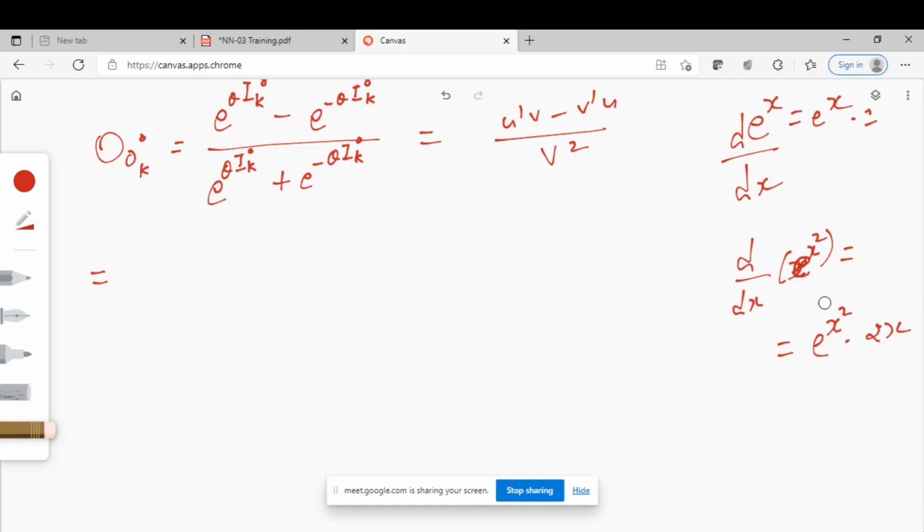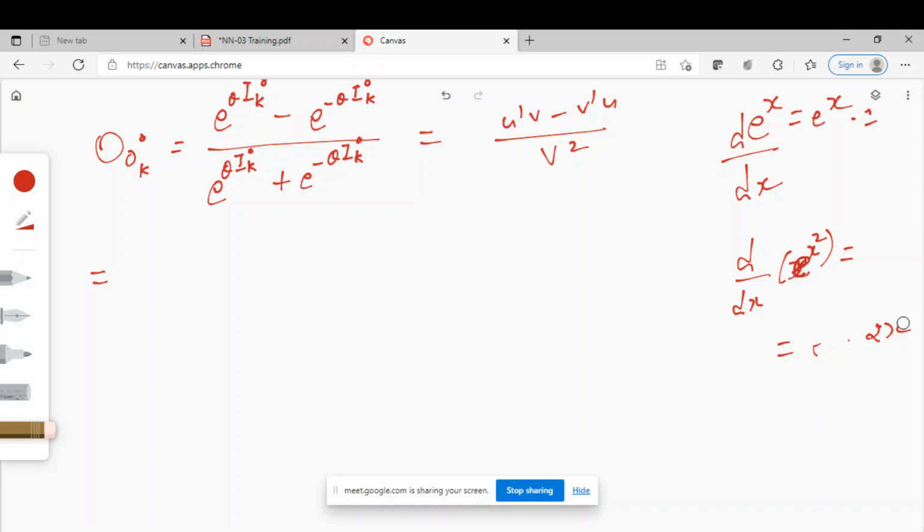If you want to differentiate e power 2x, it will be e power 2x into 2, because differentiating 2x with respect to x gives 2. The same thing is applicable here. Here we are going to differentiate e power theta I_ko with respect to I_ko, so instead of x you have I_ko.